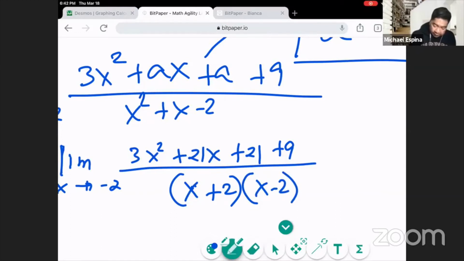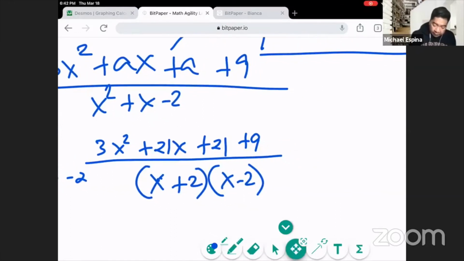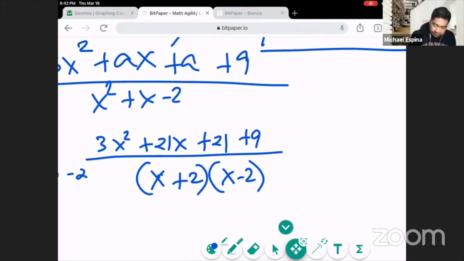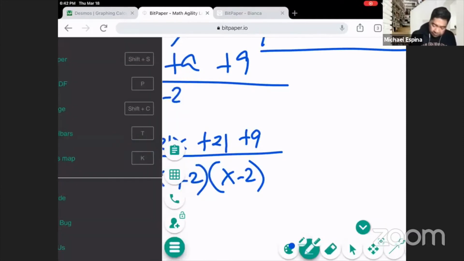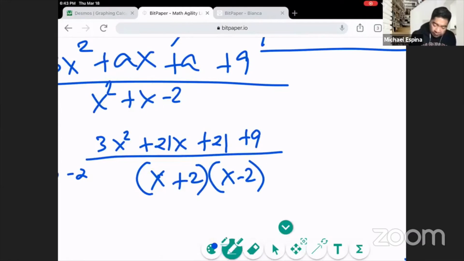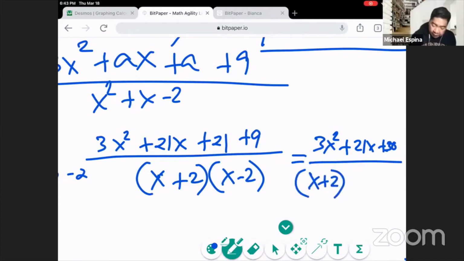And then 3x squared plus 21x plus 30 over x plus 2 quantity x minus 2, right?